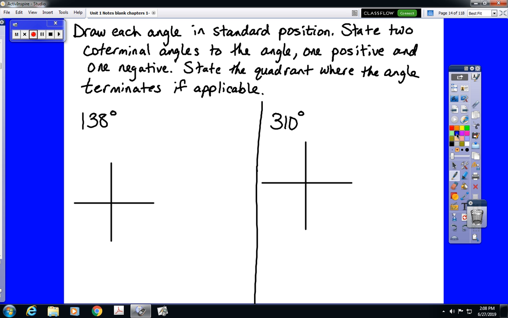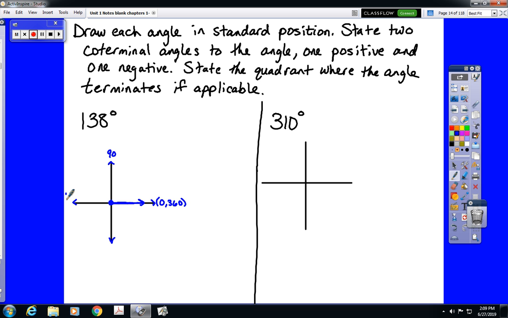So here's how I suggest that we do this. First of all, I know that when I draw this in standard position, one side of my angle is going to be on the positive x-axis. So always start there. Draw your initial side and your vertex. Then ask yourself, okay, knowing that this is 0, 360 degrees, that this is 90, that this is 180, that this is 270, what quadrant do I end in?